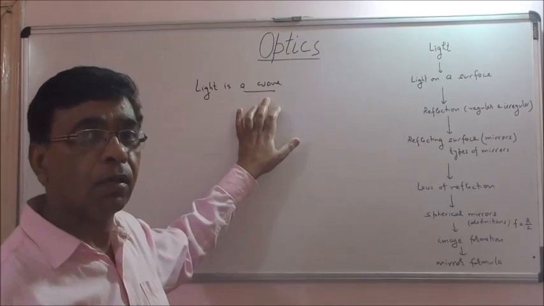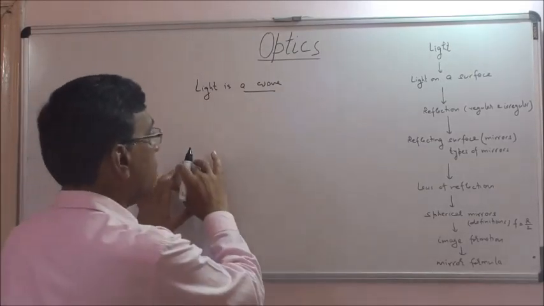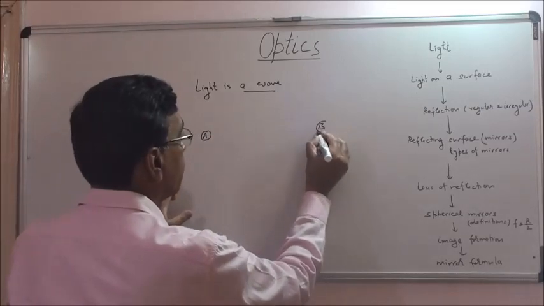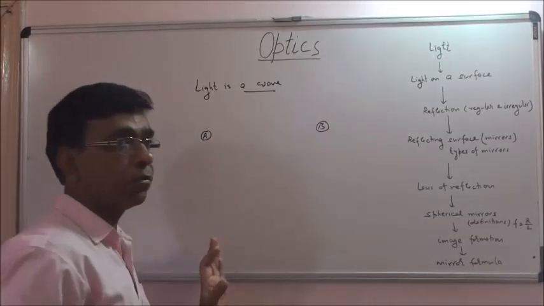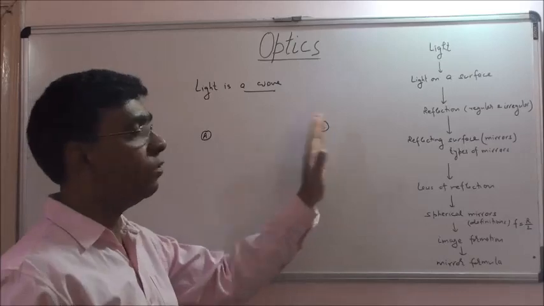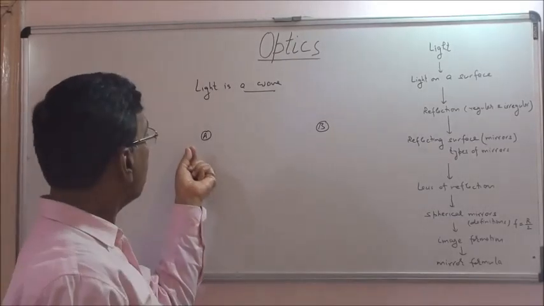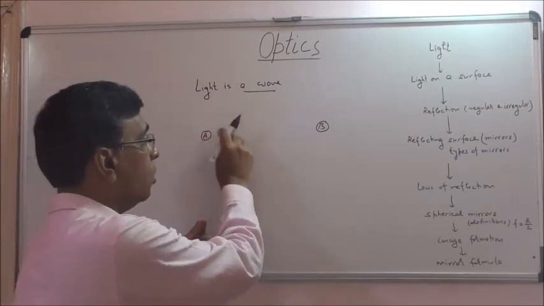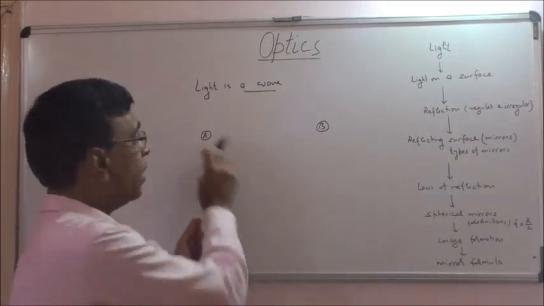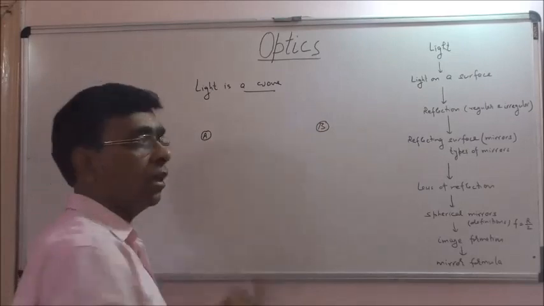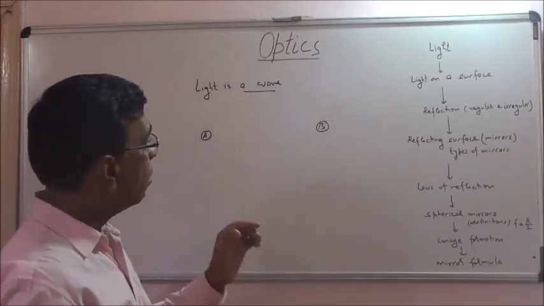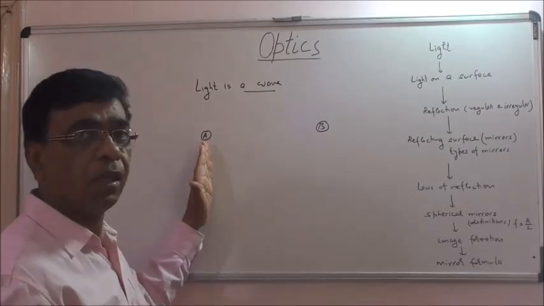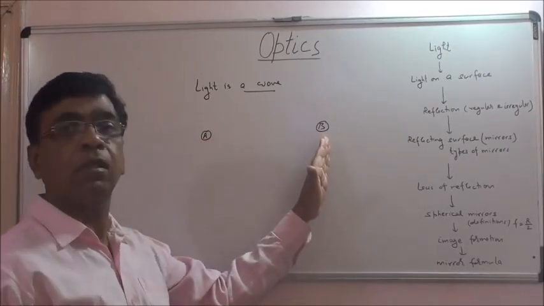wave, we know how energy is transferred from one point to another. If I take 2 points and we want to transfer some energy from here to here, one way is I throw a stone. In this case, the stone is moving from here to here, it has kinetic energy, so it carries kinetic energy with it. But another case may be that one person is standing here and talking to the other person standing here.